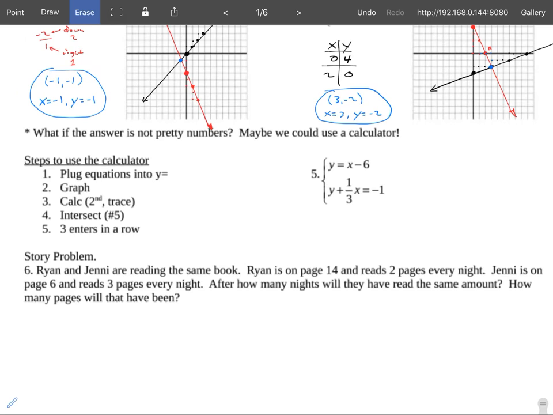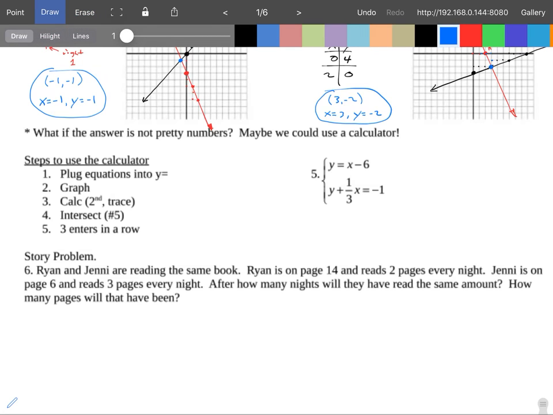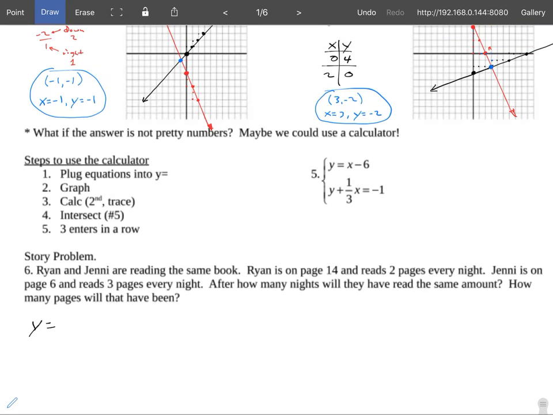So for Ryan, his equation would look something like this. It would be y equals, what do we got? 2 pages every night, and he already has 14 pages done.